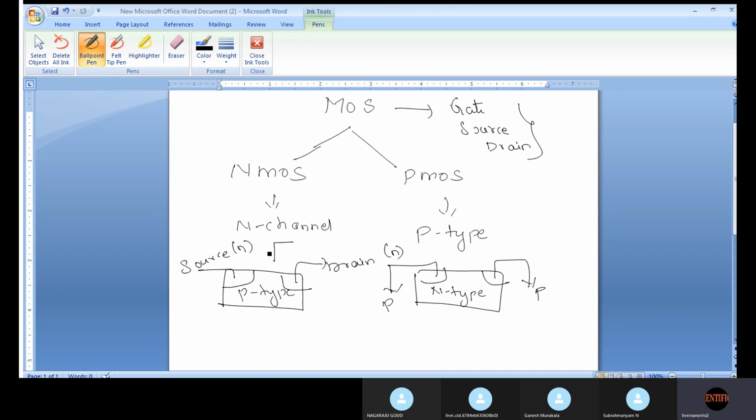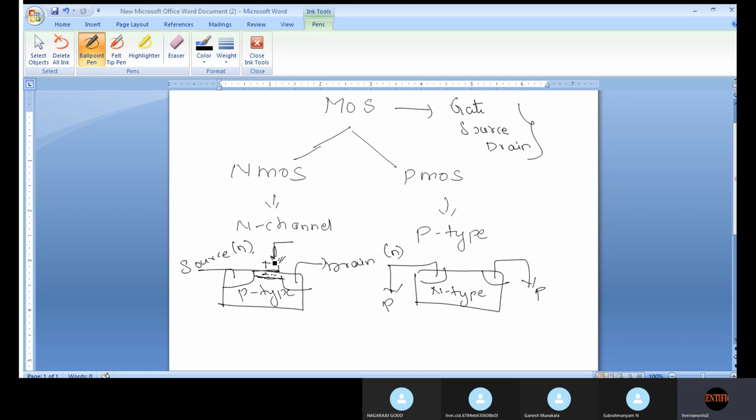Whenever you are giving a supply, what happens? The channel will be formed. From the source region and the drain region, the carriers will be attracted here. Since source and drain are of N type, all the N type carriers will be attracted towards the gate.